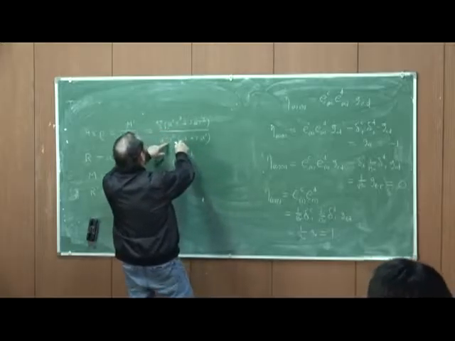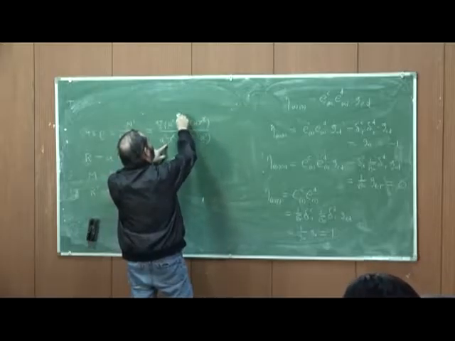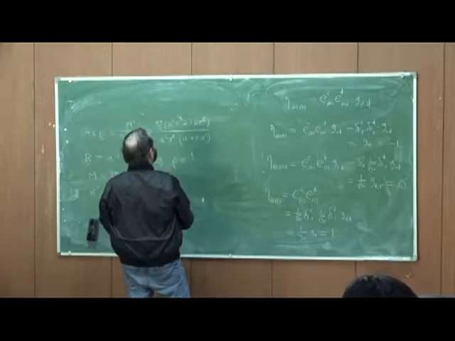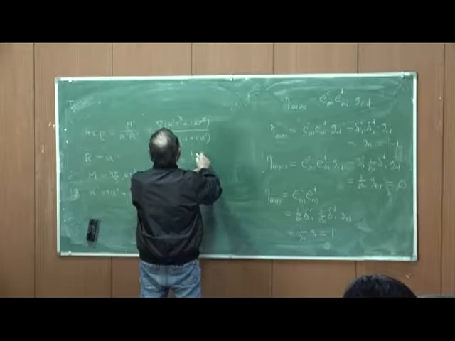Then notice that r squared will eliminate this one and this one, right? So we have 1/3, and then we can write this thing as mu.